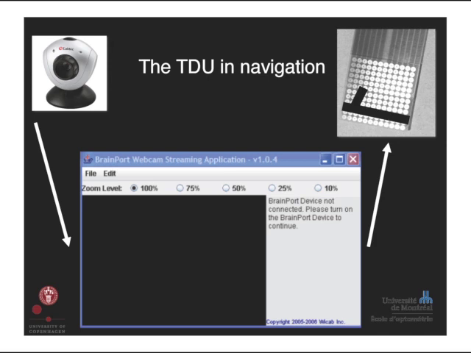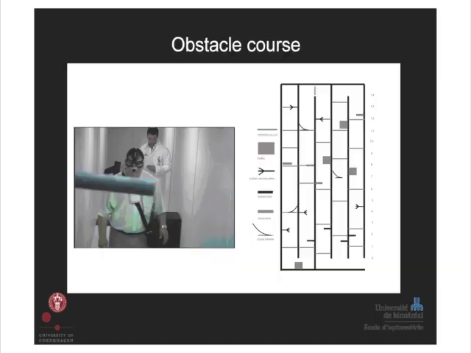The trained subjects will say that they recognize, so to speak, the quote-unquote visual streams, even though it is the tactile sense. So we built this corridor with obstacles, and the work was done by Daniel Chevat, who was a doctoral student at the time.